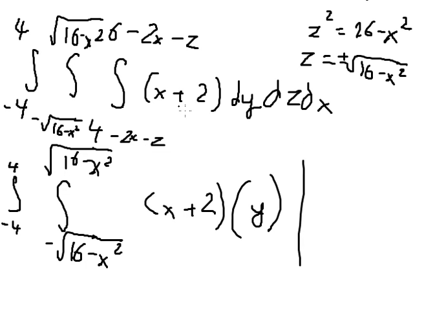The bounds are from 4 minus 2x minus z to 6 minus 2x minus z, and we have dz dx.